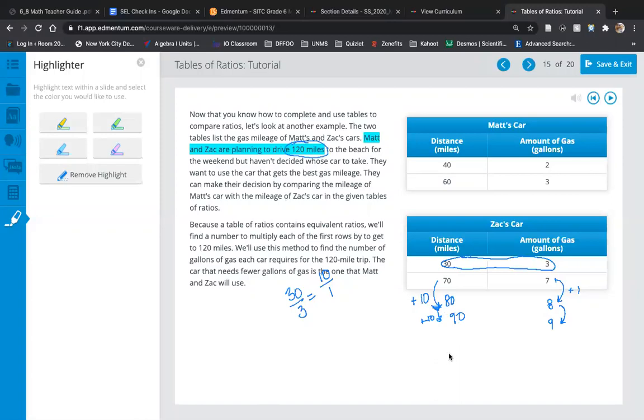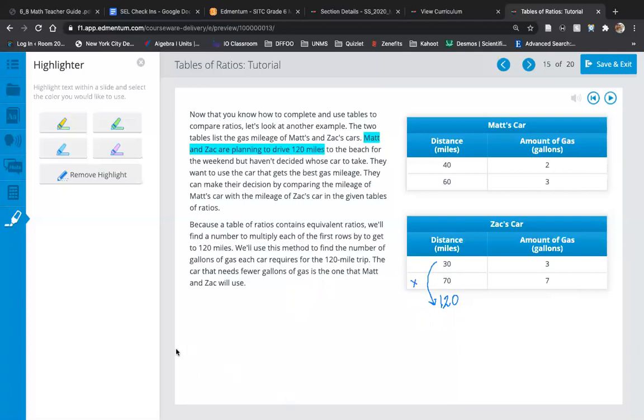Or what you can do is use the information here and skip the addition and go straight to multiplication. So ideally we'd say, if I want to get from 30 miles, the goal is they need to drive 120 miles. So let's look here. What do I need to multiply 30 by to get to 120?